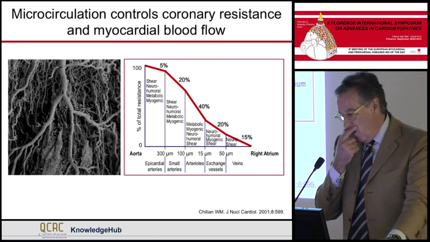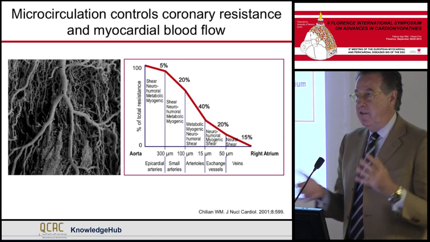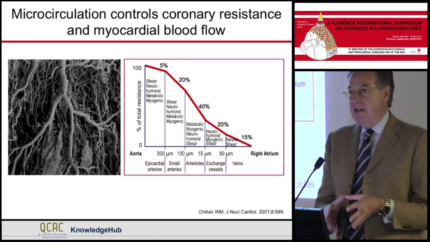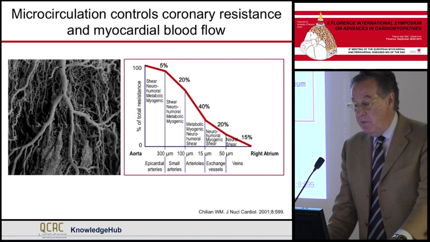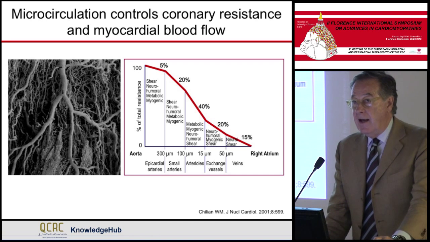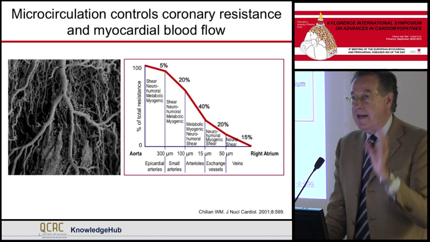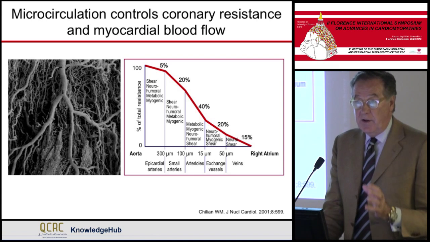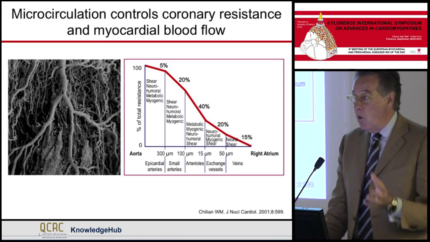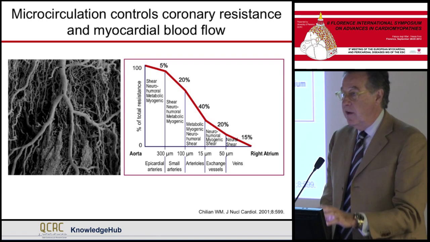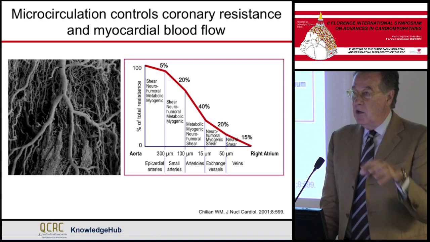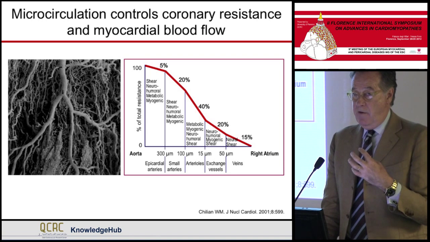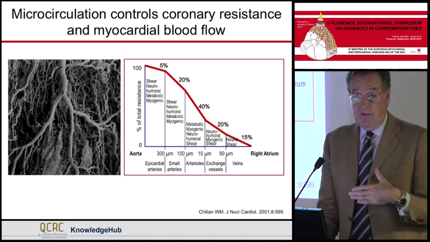Now, how do we transform this anatomical data into pathophysiological information? Well, vessels below 300 microns are responsible for more than 95% of resistance to flow in the coronary circulation. And as you know, the coronary circulation is the only circulation, together with the kidney circulation, to have a very important flow reserve, which is 3 to 5 times resting flow.